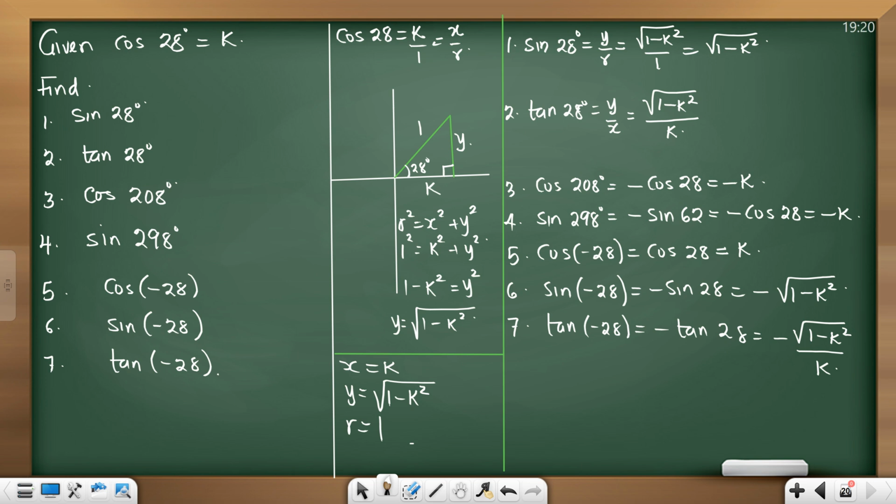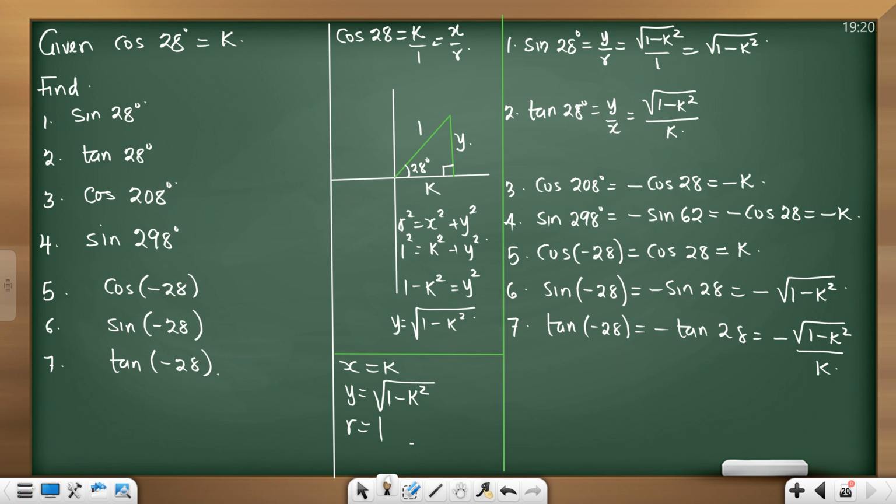We can then take a question where they are going to give us a quadrant now, where they give us a diagram. Specifically, question 5, cos negative 28.